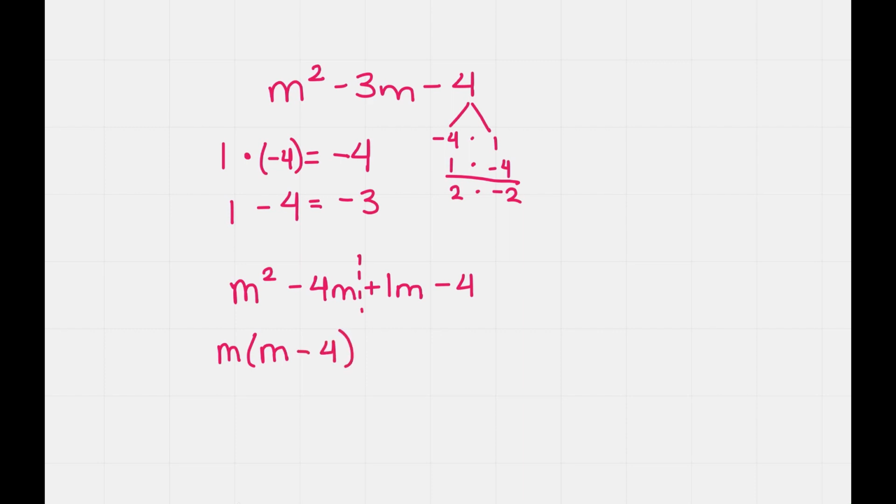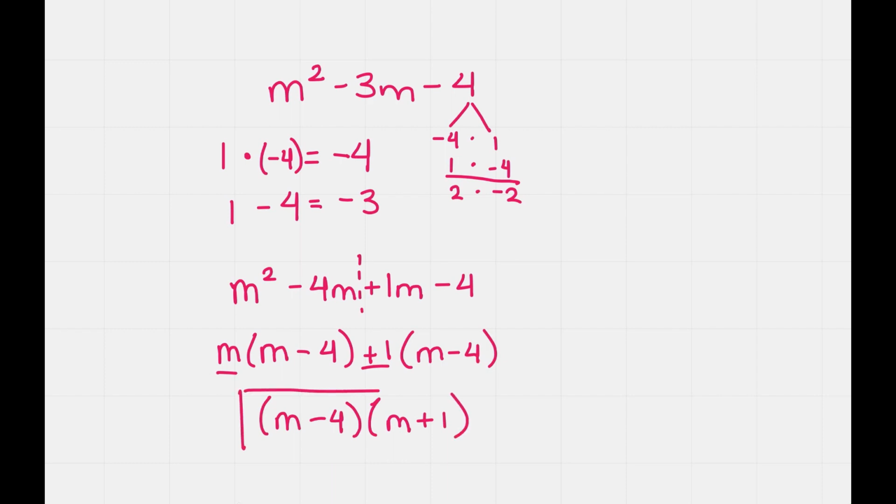Then we're going to factor out a plus 1 for our second part and we have m minus 4 in our second bracket. Now our final answer will be m minus 4, which is what's inside those brackets, and m plus 1, which is the GCFs pulled out of the expression. And there we go. The factors of m squared minus 3m minus 4 is m minus 4 times m plus 1.